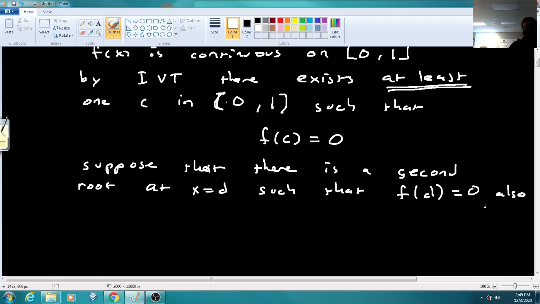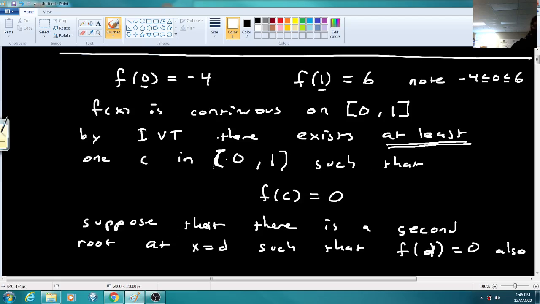So if we can prove that supposing there's a second root that also equals 0 causes a contradiction, then we'll be guaranteed that there can be only one root, and it will occur where the f of c equals 0 is up here.